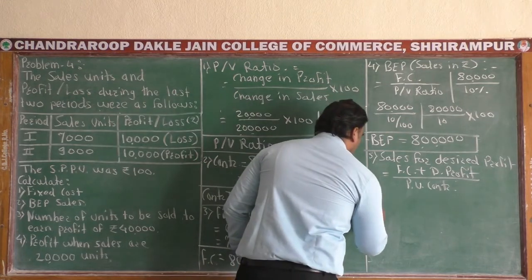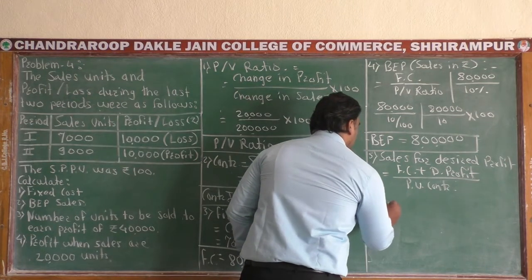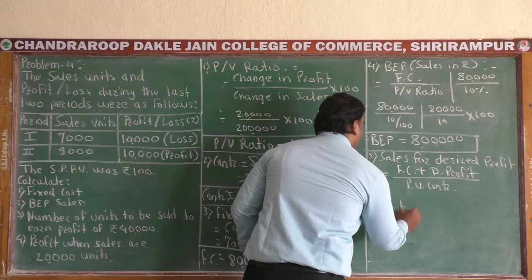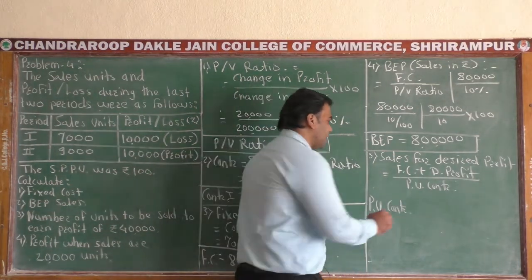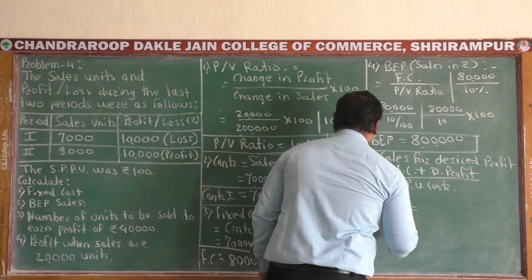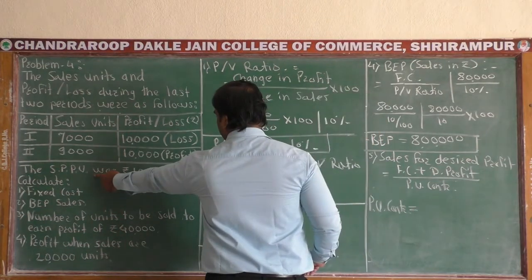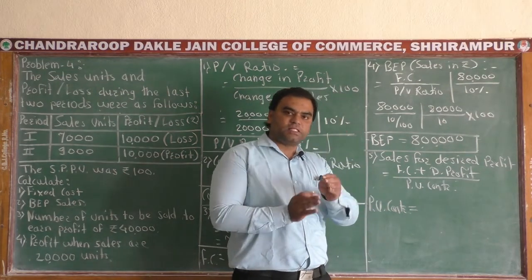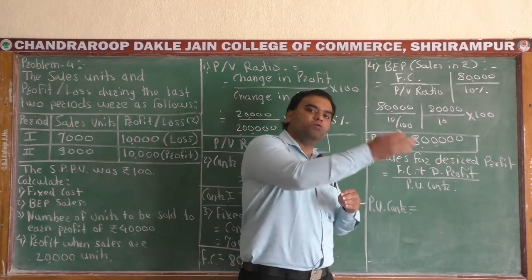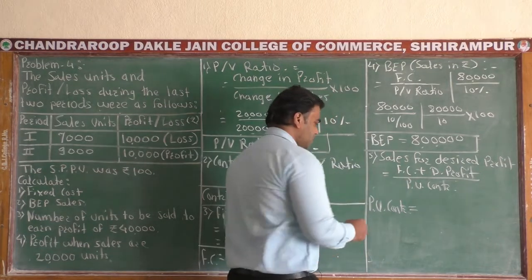So how to calculate the per unit contribution? At the time of discussing formulas available to calculate contribution, we had discussed how to calculate the per unit contribution. We have per unit selling price and we have PV ratio. So per unit selling price into PV ratio is equal to per unit contribution.